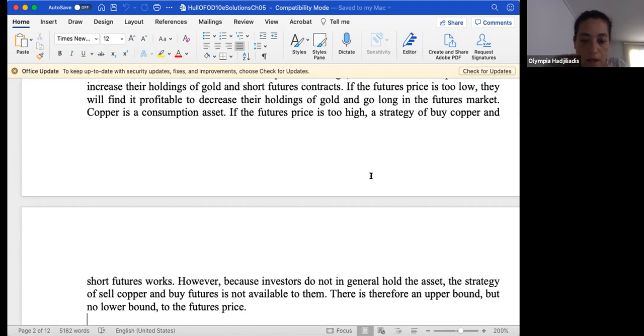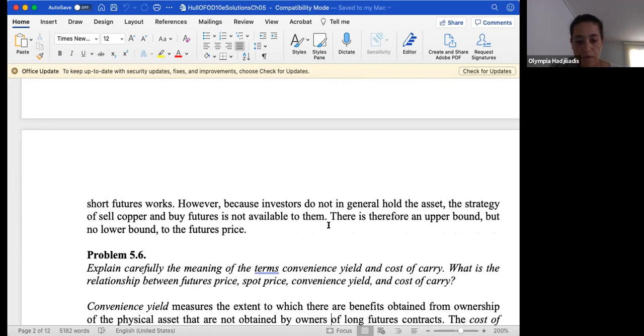However, because investors do not in general hold the asset, the strategy of sell copper and buy futures is not available to them. There is therefore an upper bound to F0, but no lower bound to the futures price. Okay, so there is an upper bound to F0, but there is no lower bound to F0, which is what we just saw.